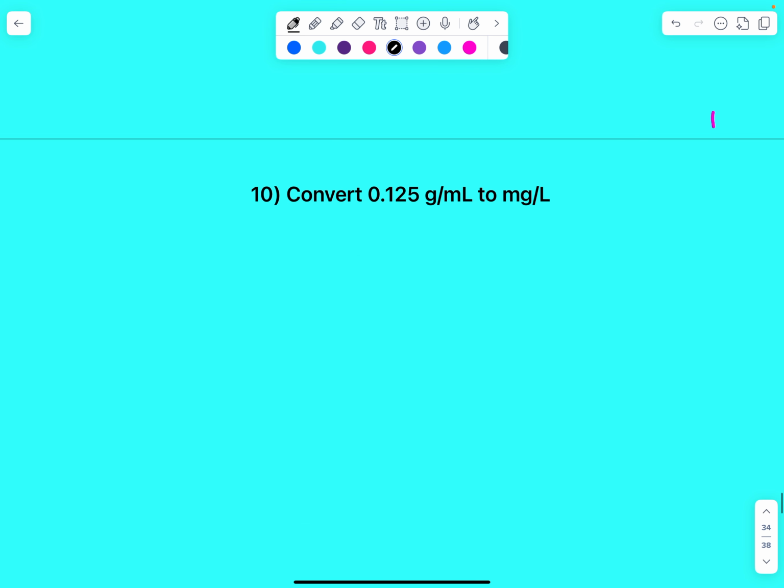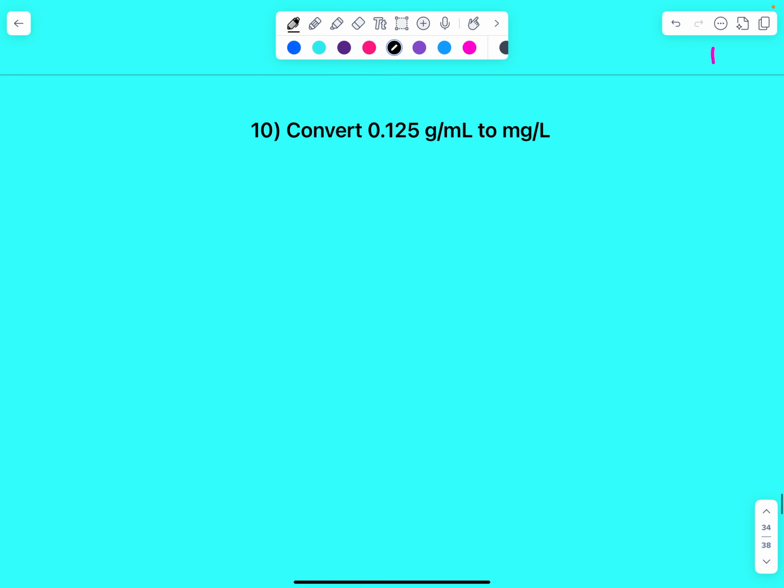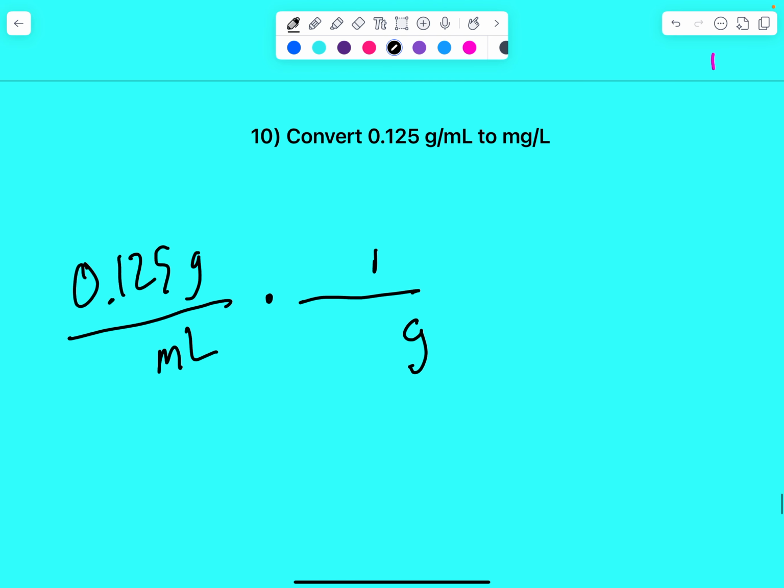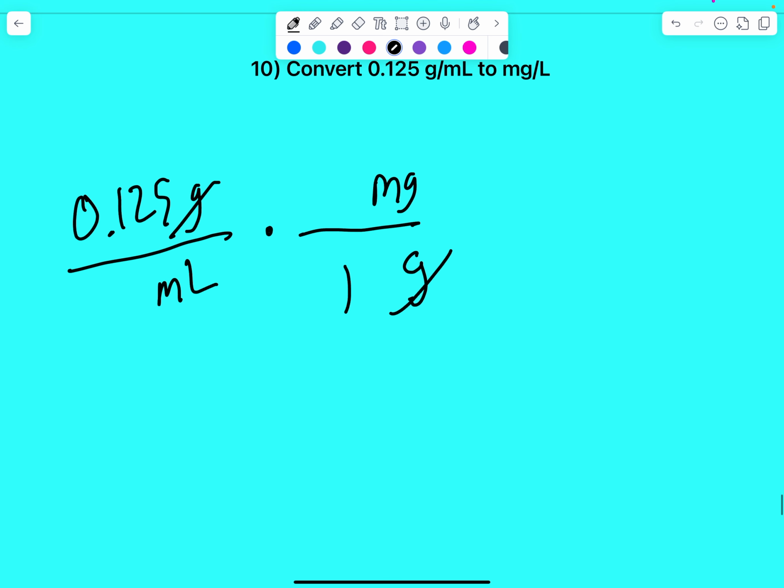All right, let's try this one. Convert 0.125 grams per milliliter to milligrams per liter. So let's see. Grams has to be in the denominator for it to cancel out. And I'm trying to get to milligrams. So 1 gram equals how many milligrams?